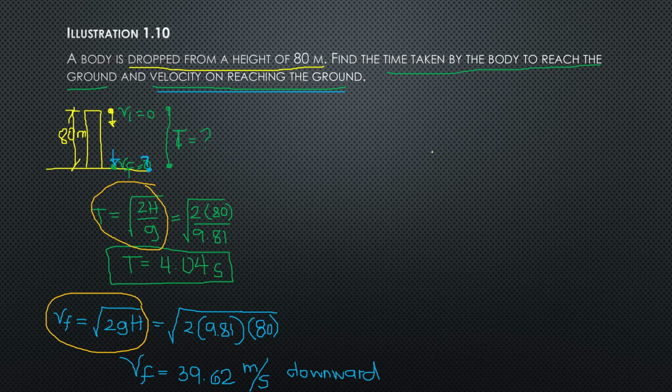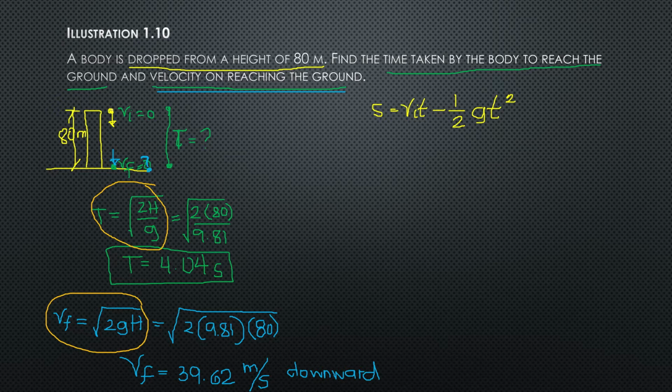So solving for the time, using given displacement. Let's say S will be equal to initial velocity multiplied by time minus 1/2 acceleration due to gravity times time squared. Okay. Now S is what?